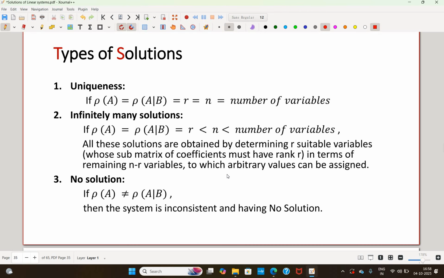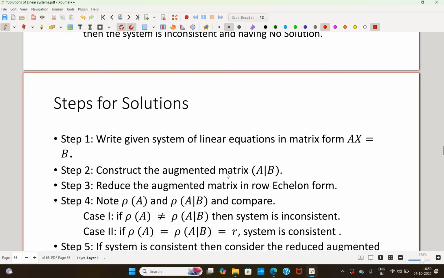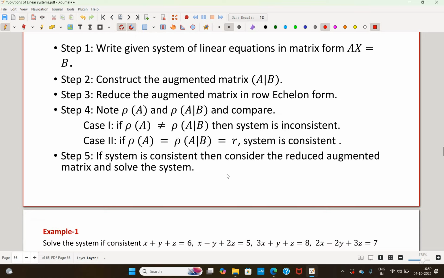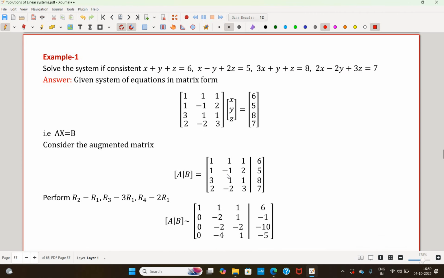Types of solutions: unique solution, infinitely many solutions, and no solution. Now, instead of explaining the types of solution point wise or step wise, let me explain this in terms of a chart. Give me a minute. I'll take one more additional page here to explain this particular fact.